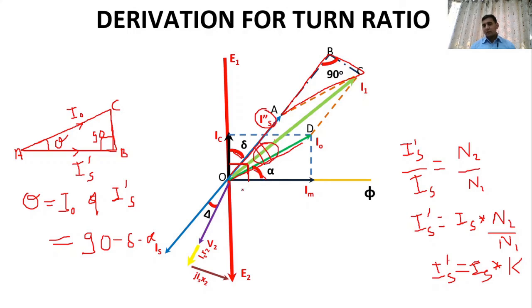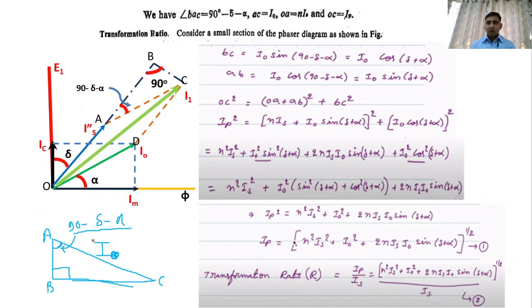So the angle between AB and AC is 90 minus del minus alpha, where AC is represented as the no load current, OA is represented as our compensating current, and OC is represented as our primary current. So we will discuss some derivation.